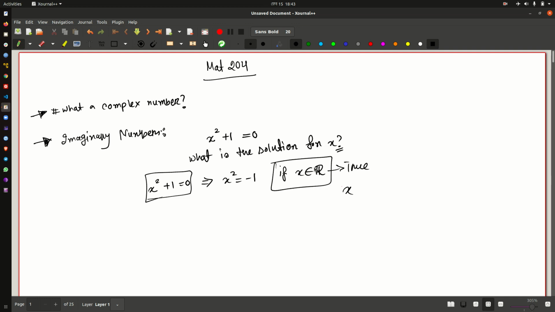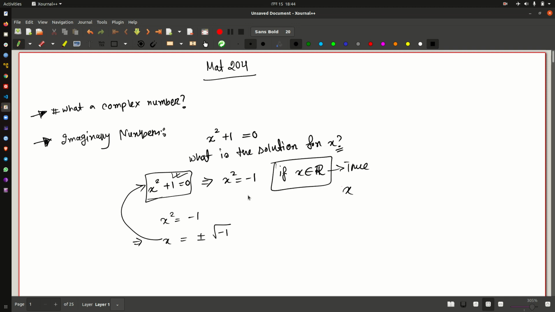If we do that, we will find ourselves with x equals plus minus square root of minus 1, right? And if you plug this back into this equation, it's the solution, as you can see, because this will satisfy the equation. So this is one way to realize how imaginary numbers come into play.